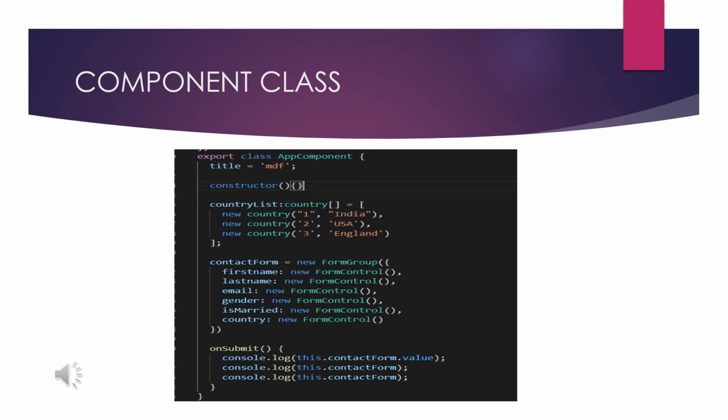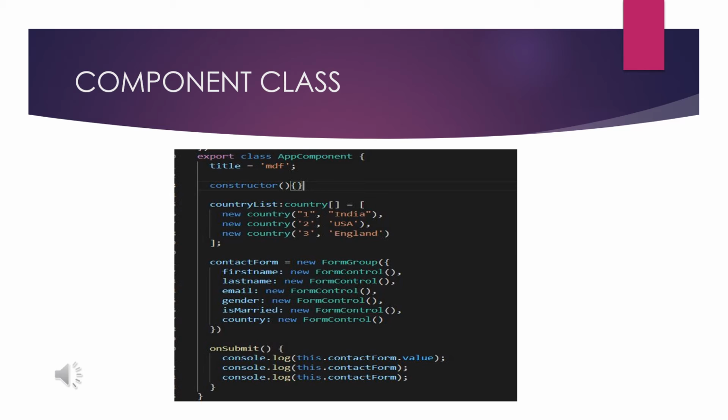Inside the component class, I have an empty title, which is rendered there. After that, I have an empty constructor and a country list. Inside this country list I have three new countries: one India, two USA, and three England, with the id and c.name.